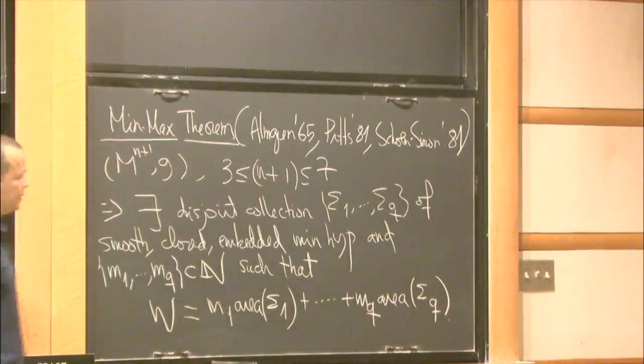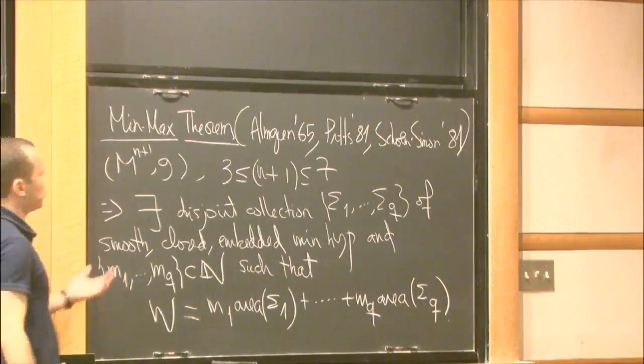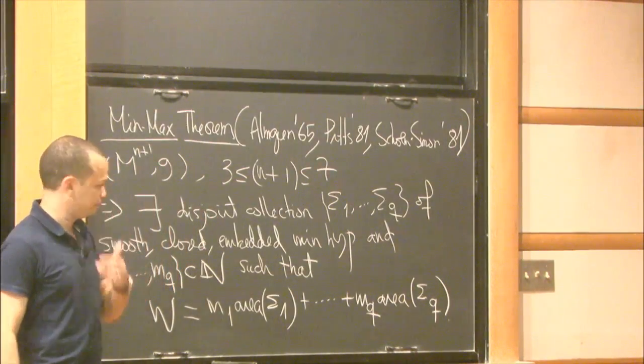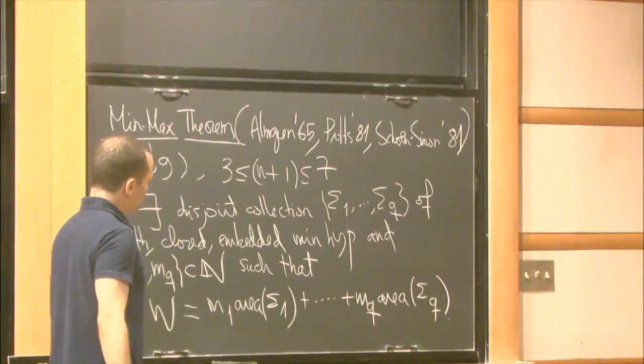Okay, so this is the statement, and in particular, that implies that there's always at least one minimal hypersurface. Okay, always at least one.